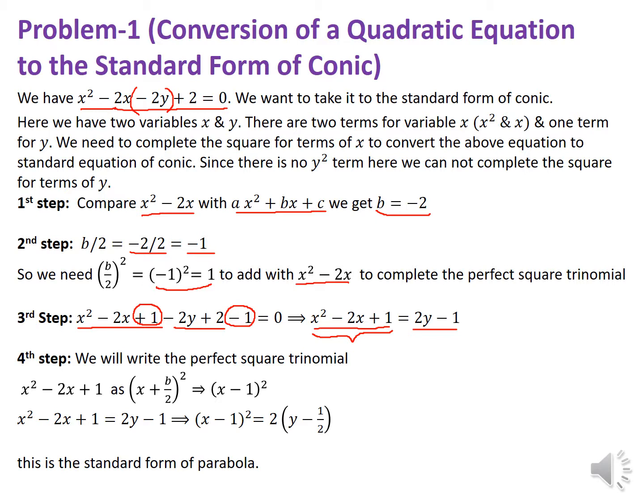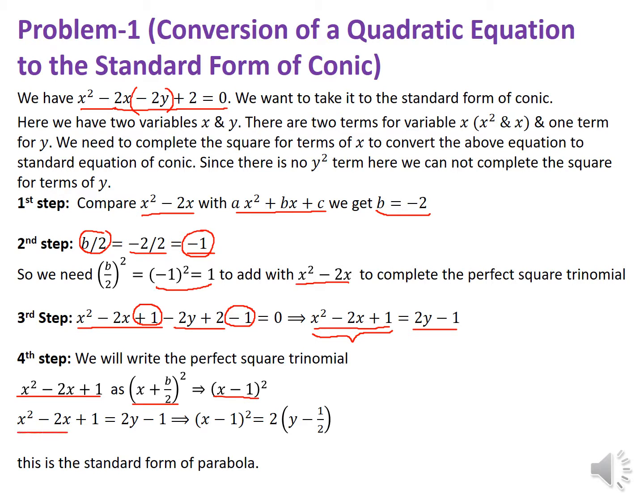And we know that we can write any perfect square trinomial in the form of the square of a binomial like this, x plus b by 2 whole squared. This is the square of a binomial. So since in our case b by 2 is equal to negative 1, here we can write x squared minus 2x plus 1 is equal to x minus 1 whole squared.